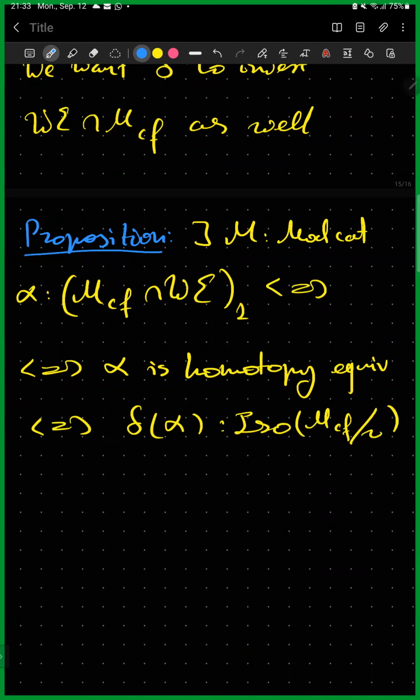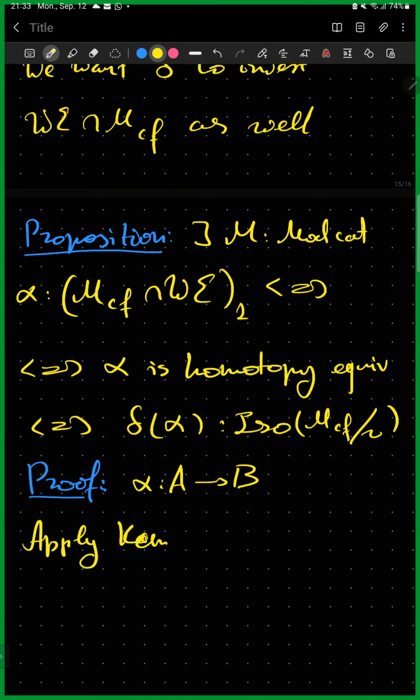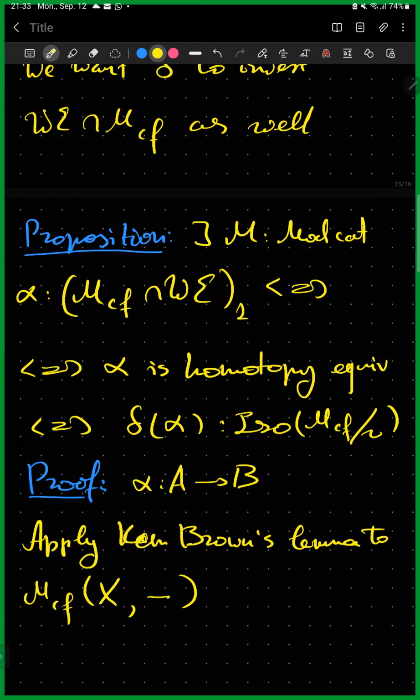So let's prove this. Let alpha be as in the formulation of this proposition, a map between A and B. Then we can apply Ken Brown's lemma to this functor.